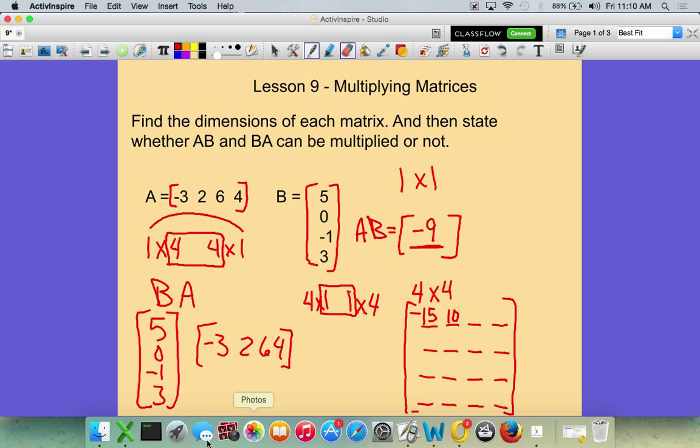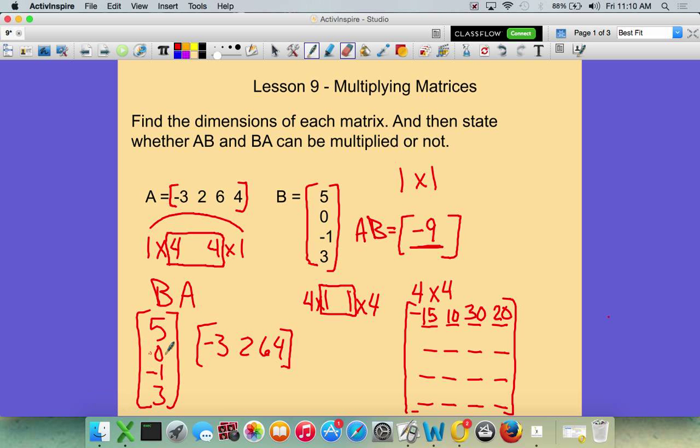My third spot, row 1, column 3, 5 times 6 is 30. And then my last one, 5 times 20. Now, what you are seeing here is that it looks like I'm taking this entire row times 5. And you're not wrong with that. These are simple matrices to multiply, so that's what ends up going on here.